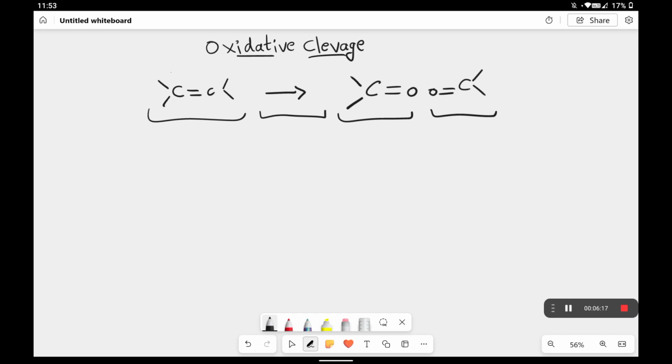But based on availability and the situation, and according to your topic, we are discussing some of the oxidative cleavage reagents. The first one is KMnO4 under basic conditions like NaOH. Under the influence of a strong base like NaOH, KMnO4 acts as an oxidative cleavage agent.